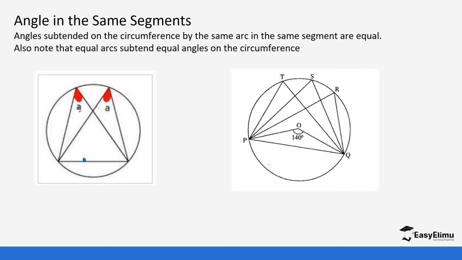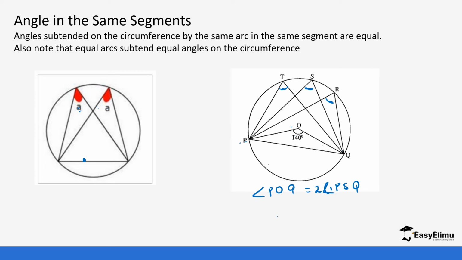You see we have an arc PQ that is subtending this angle at point T, and at point S and R, and also at O. From the previous lessons, we said angle POQ is equal to twice angle PSQ.